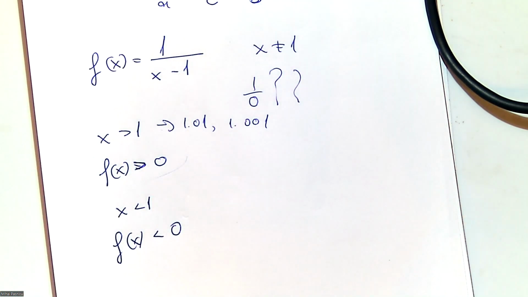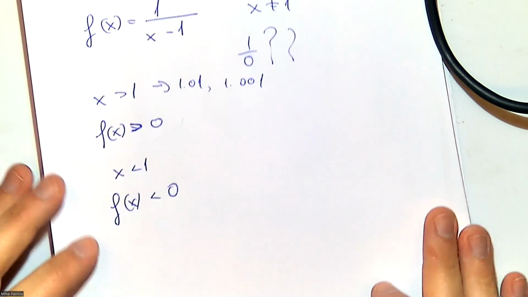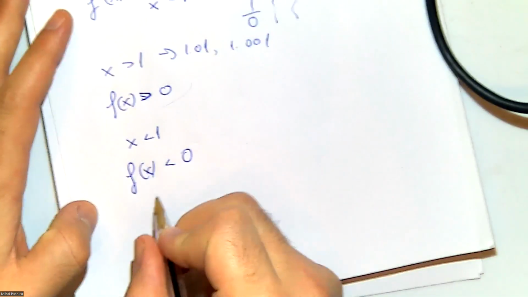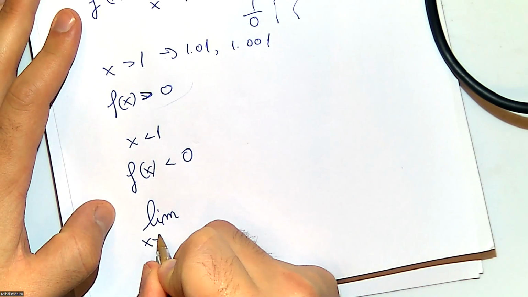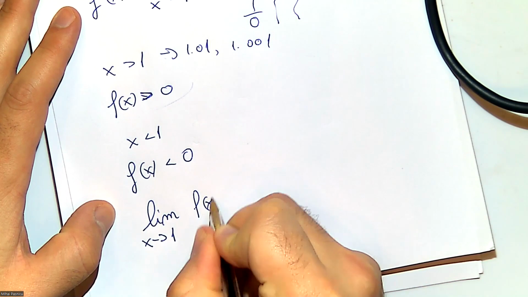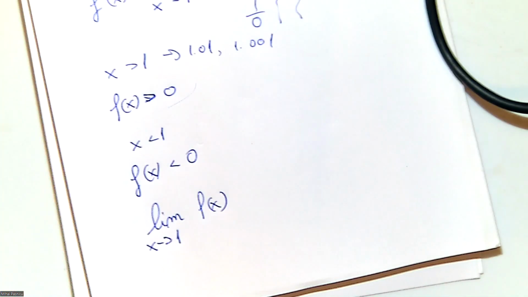But this particular case just allows us to introduce another term, because let's just say I wanted to compute limit of x going to 1, f of x. Okay, I'm kind of having a lot of troubles right here. Okay, why?